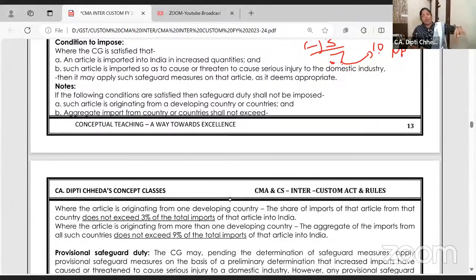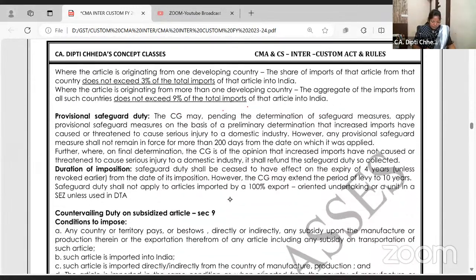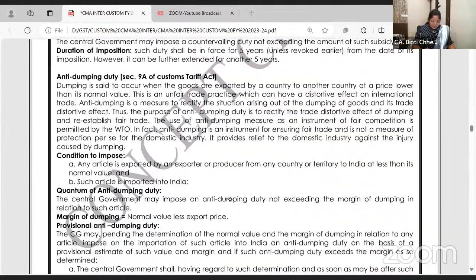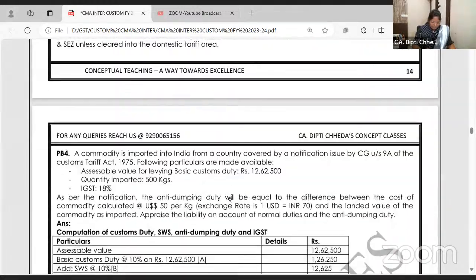And from all the developing countries, whatever you have imported, if the total exceeds 9% of the total import, then safeguarding duty will be levied. Once again, for this refer to the second class. Today is the third class. The second class and the problem. Okay, right. So this is all about the types of the duties.